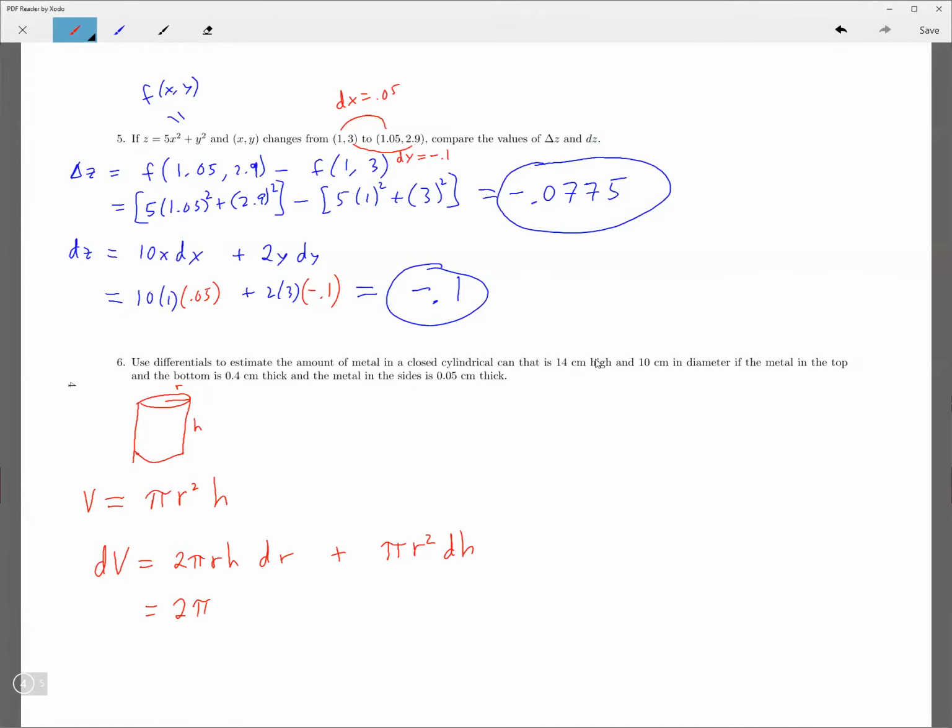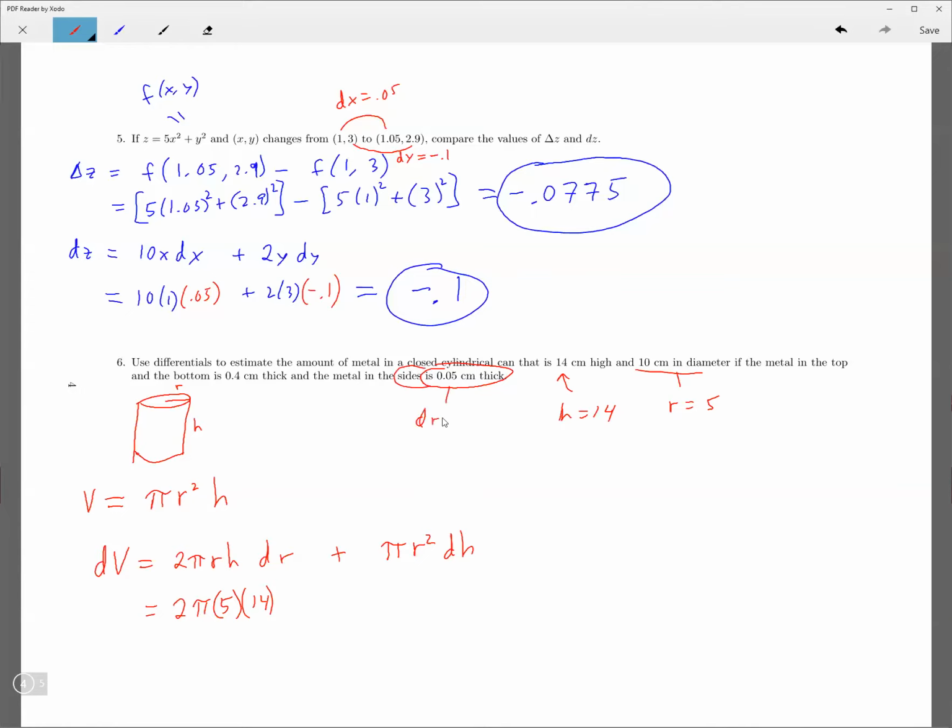The diameter is 10, that means that r is 5. So you're going to put a 5 in there. Height is 14. Okay. Now the change in radius: it says the metal on the sides is 0.05 centimeters thick.